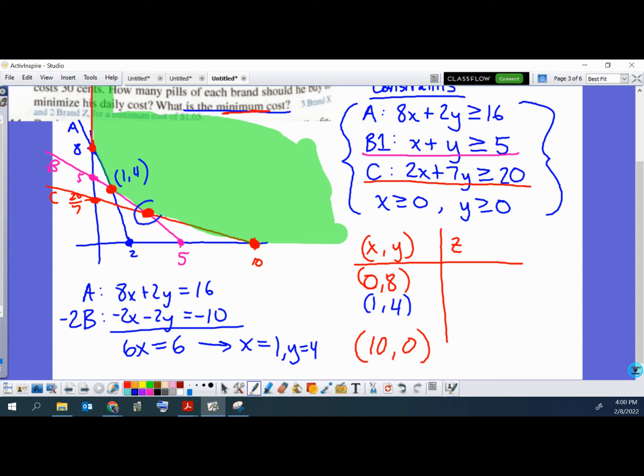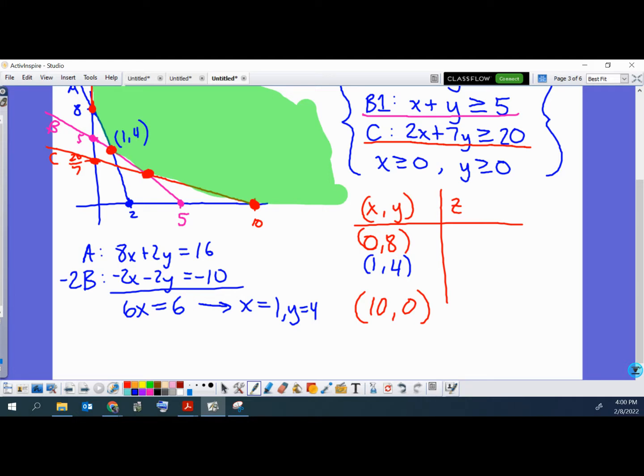And then the other intersection point I want is this one between B and C. So I can do the same thing here, B and C, right? I'll use negative 2 times B again because that'll eliminate x for me. And so C is 2x plus 7y equals 20. And negative 2B is going to be negative 2x minus 2y equals negative 10.